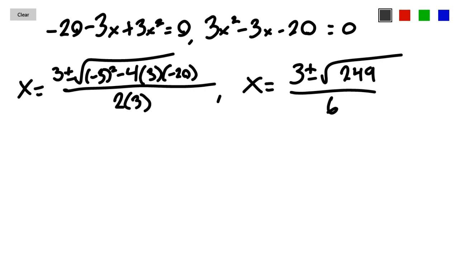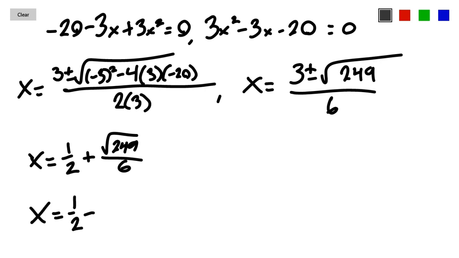And 249 does not have any sort of perfect square factors, so I can't simplify that root anymore. But what I end up with is x is equal to 1/2, because 3 over 6 is 1/2, plus the square root of 249 over 6, and x is equal to 1/2 minus the square root of 249 over 6.